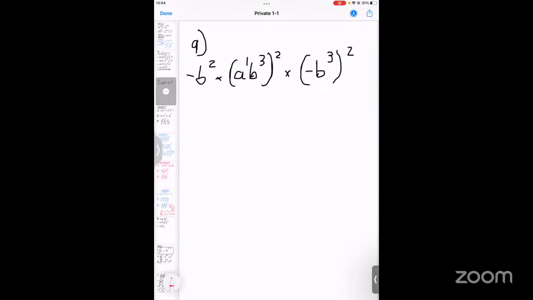Can you see that one, the one with negative b squared, line number 3, times a squared, b to the 6 times negative b to the 6? Can you see that one, Langelihle? Yes, I can see it on where I'm sending you now. Yeah, this one I can see.